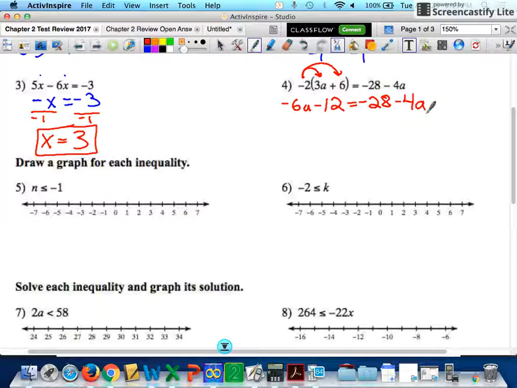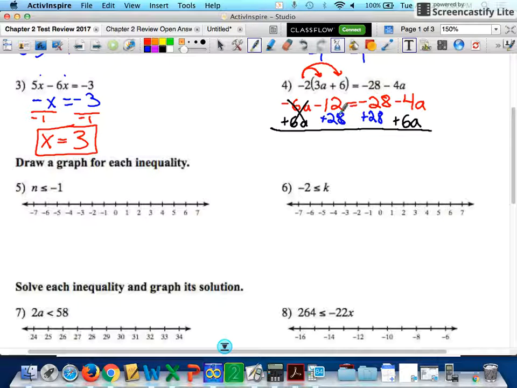You can do this in a lot of different orders. I like to add 6a to both sides first because I know that that is going to end up giving me a positive amount of a's on the right-hand side. In the same exact step, but in a different color, I know I'm going to end up with all my a's on the right-hand side because these are going to cancel. So I know I want all my numbers on the other side. So I'm going to add 28 to both sides.